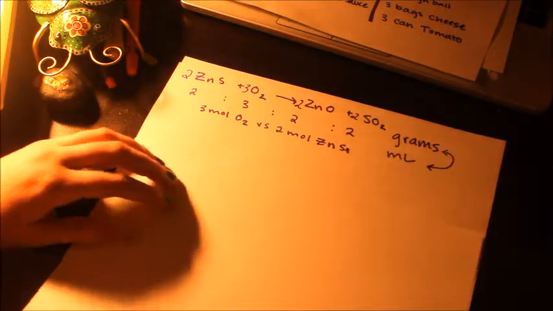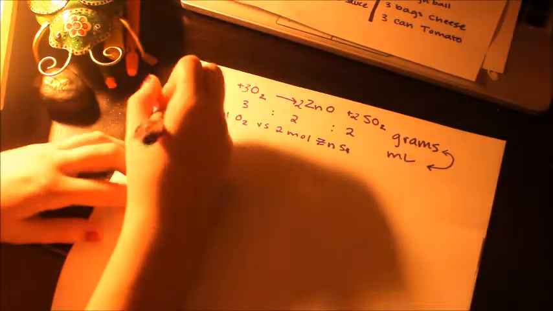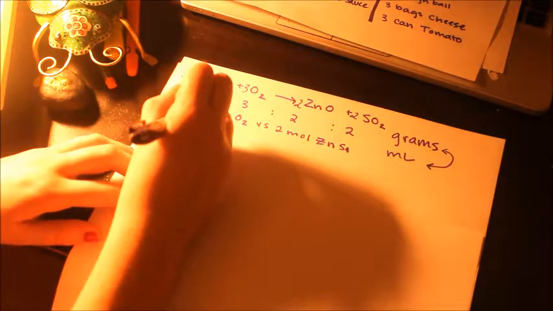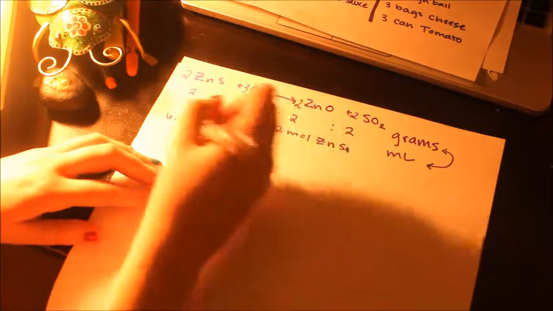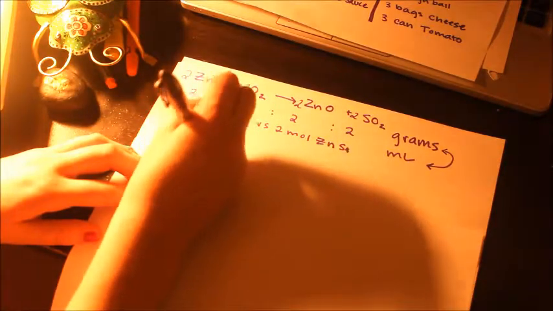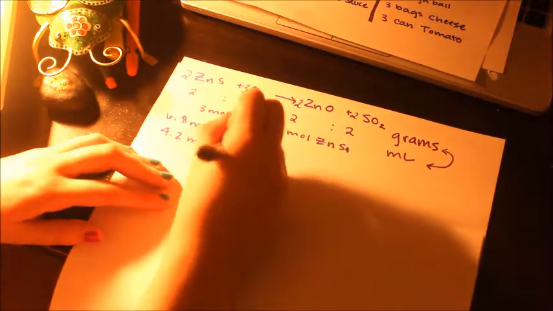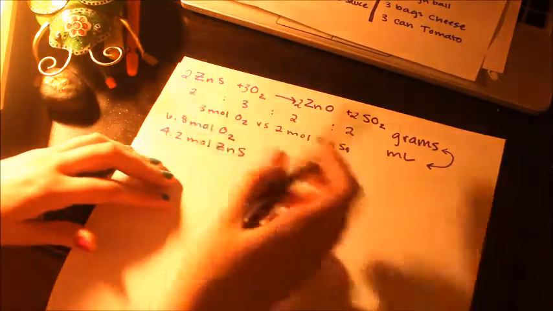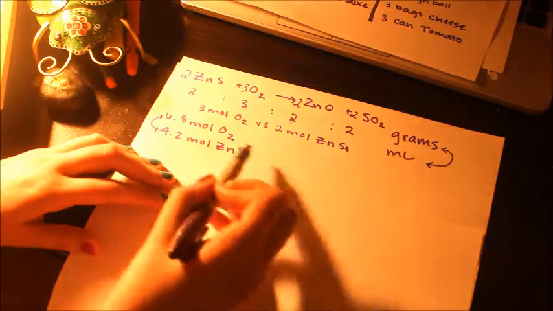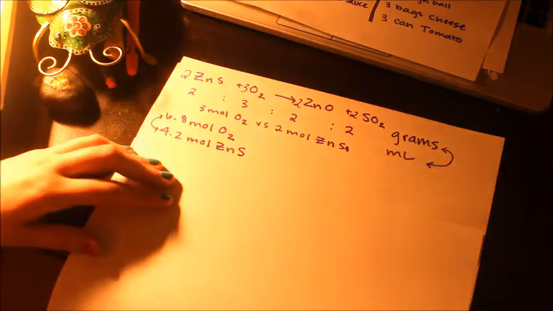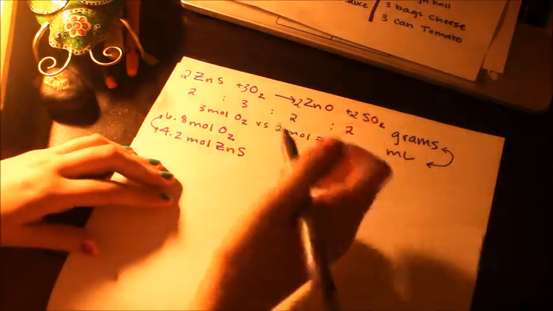One way that we can do this: if we're given 6.8 moles of O2 and 4.2 moles of ZnS, and we have this equation, and say the professor asks, which one's the limiting reactant out of these? A way that you can do that is make a ratio.